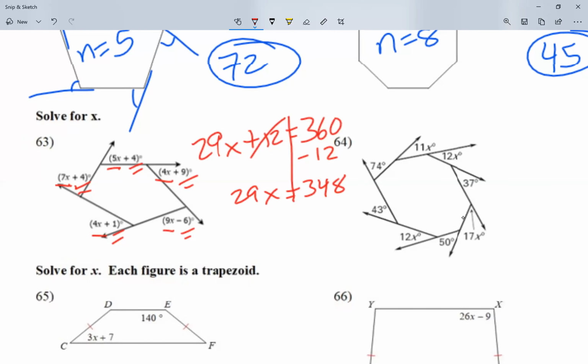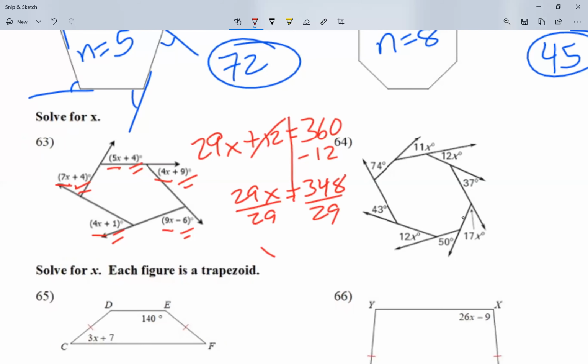To get the x by itself, let me divide by 29. 348 divided by 29 happens to be 12. So x is equal to 12.